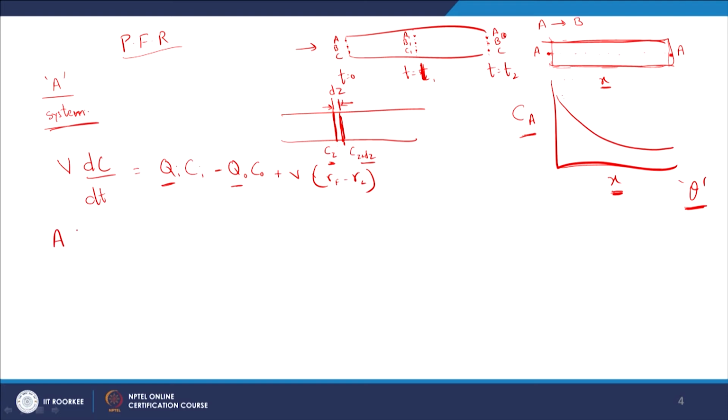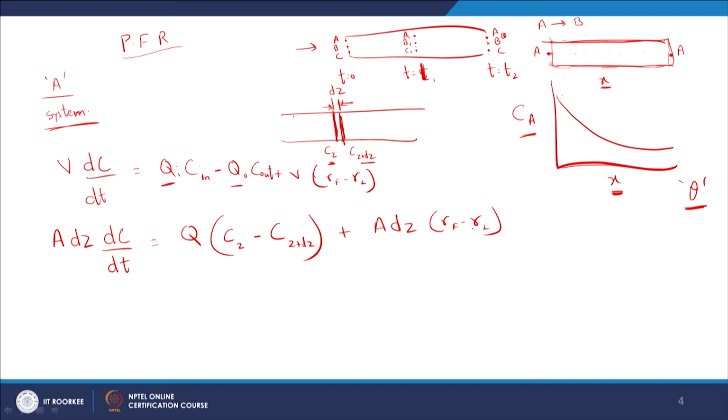It is the cross sectional area of that film times dz. So A dz is my volume, and dC/dt is equal to Q times, Q is constant, Q in equal to Q out, what is it at inlet? C_in equal to C_z, minus what it is at the outlet, C_(z+dz), plus volume again, A dz, into rate of formation minus rate of loss.